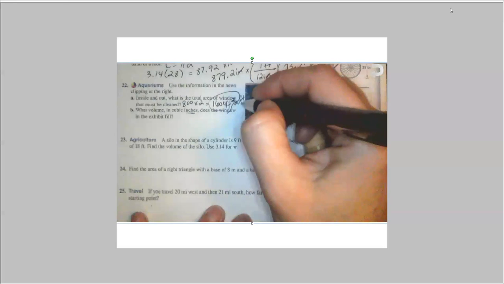Remember, one foot is 12 inches. So if I have 40 feet, I'm going to multiply that times 12, and I'll take this 20 times 12. So that's going to actually become 240 inches and 480 inches. And don't forget the thickness there. That's where we get that third dimension.